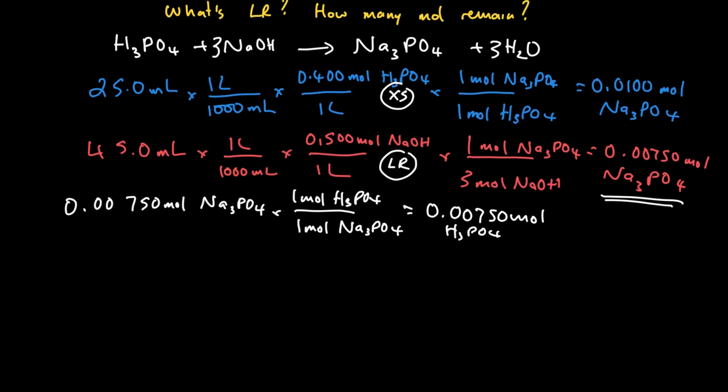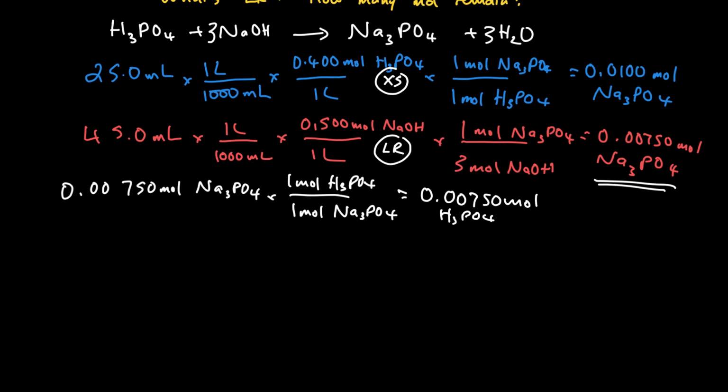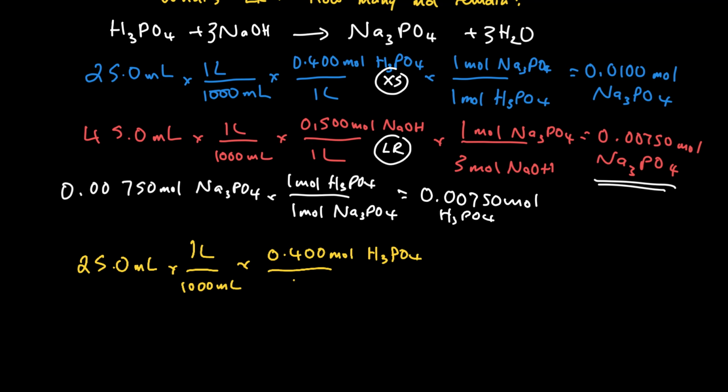So let's scroll up. Okay. Change color. So we started with 25 mils of phosphoric acid. That is in mils in a liter. Concentration 0.4 molar. Gives us a total of 0.01 moles phosphoric acid.